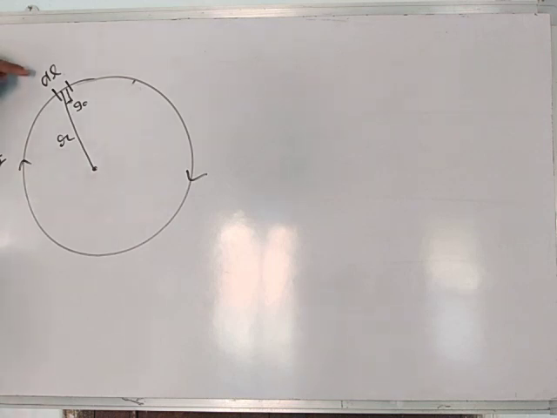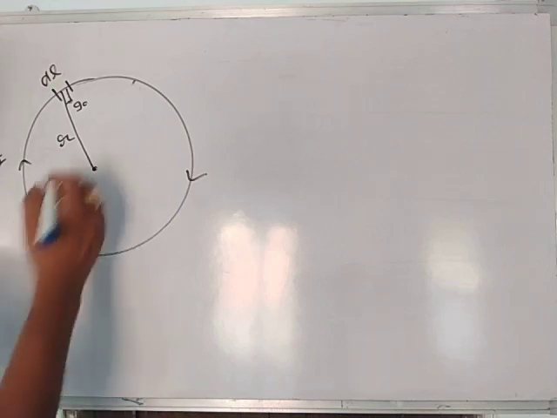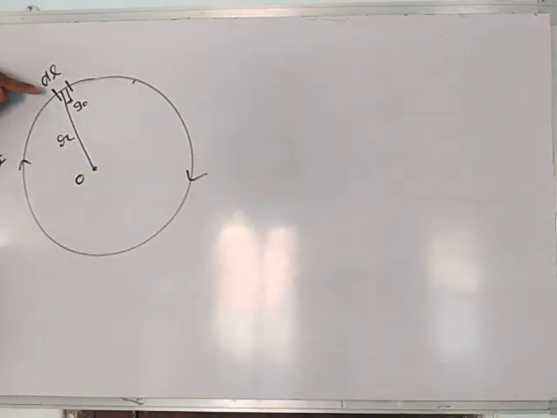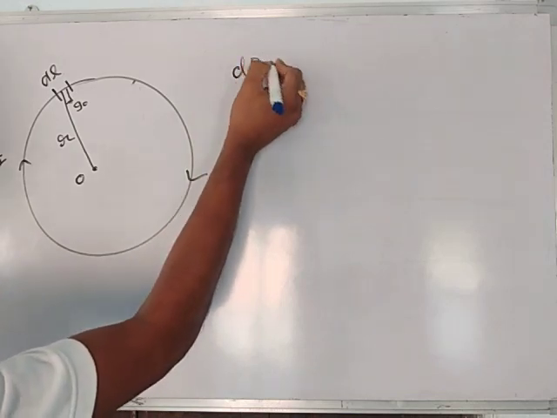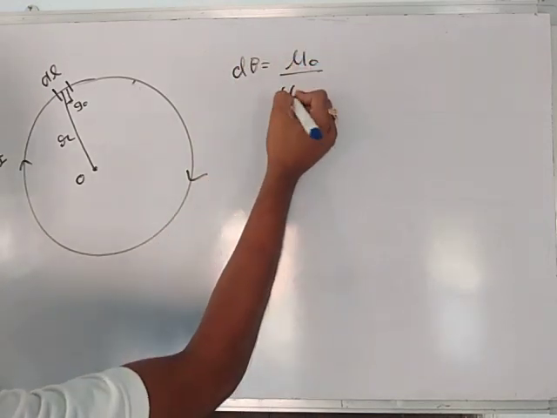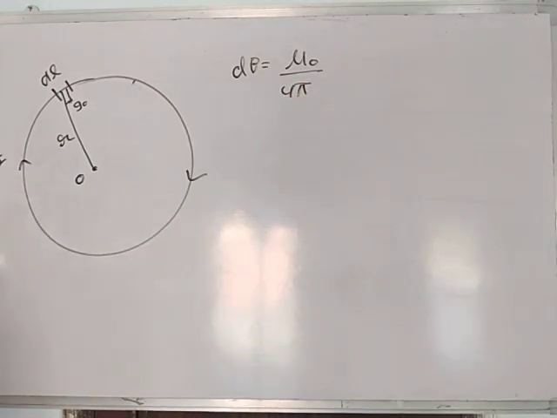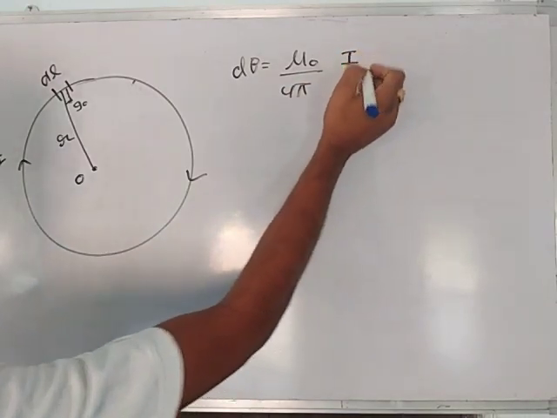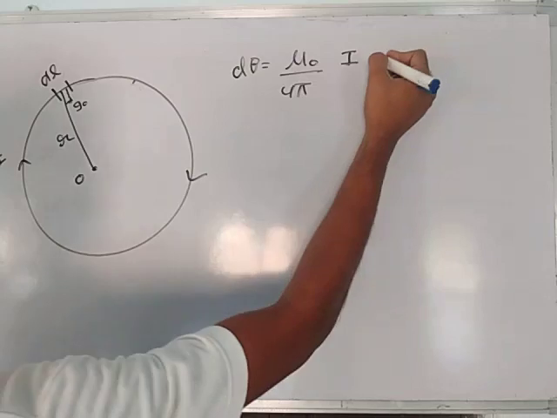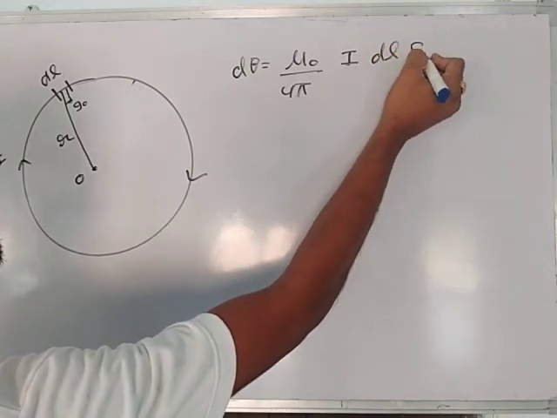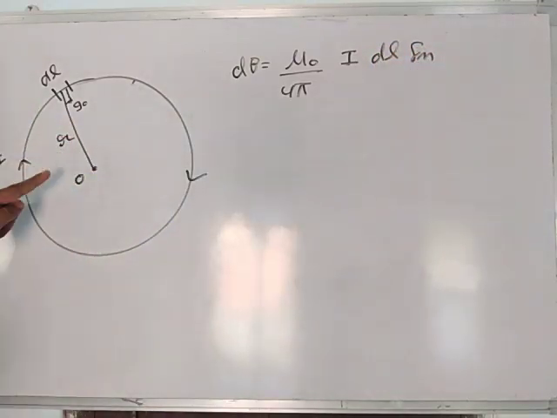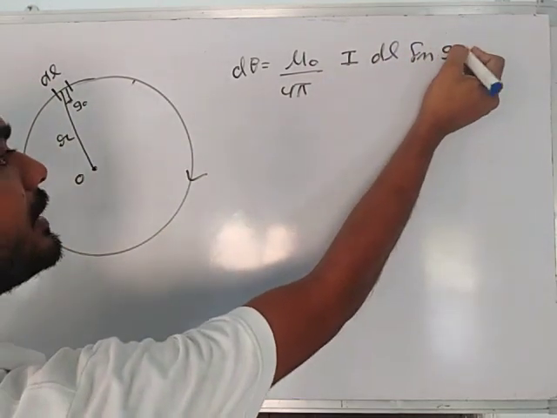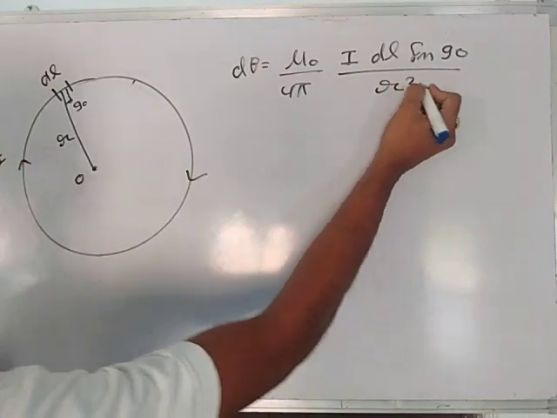Then, due to this length dl, the magnetic field at O, at the center, we can calculate: dB is equal to mu naught upon 4 pi I dl sin theta by r square, where I is the current, dl is this small length, and theta is the angle between r and dl. Here theta is 90 degrees, so I dl sin 90 by r square.